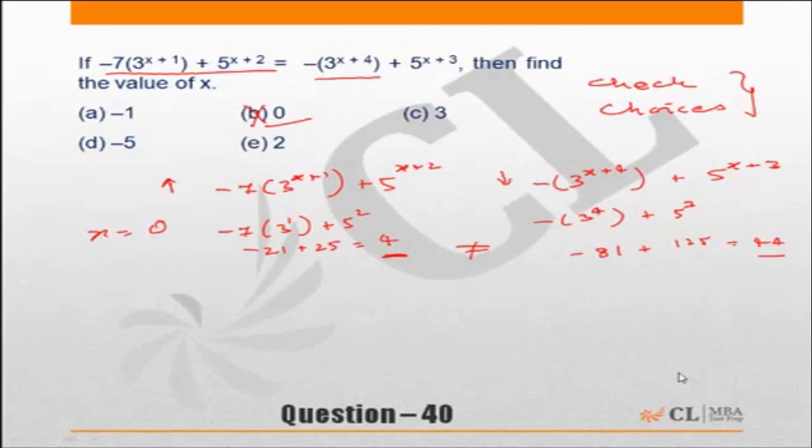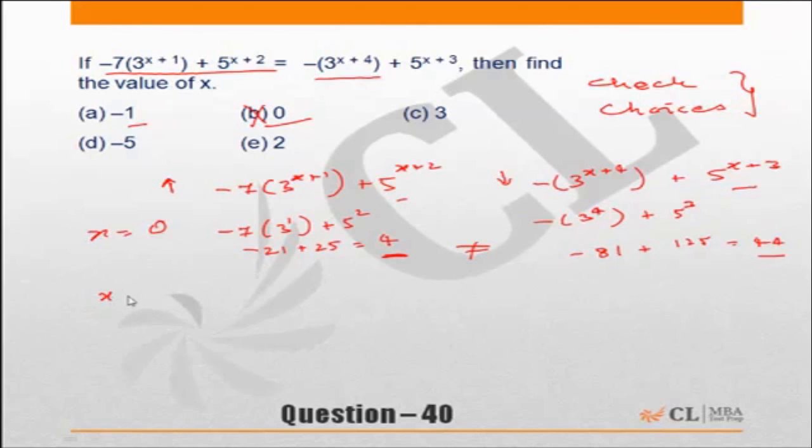Because a negative value will reduce the power of 5 significantly. Yes, on both sides also, but overall the right hand side will become lesser. Even if you don't understand it, don't worry, just start checking the choices. So the next easiest choice to check will obviously be minus 1. Even if you are not sure which direction to move into, just blindly start checking the choices.